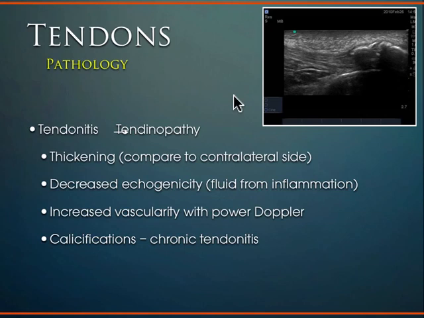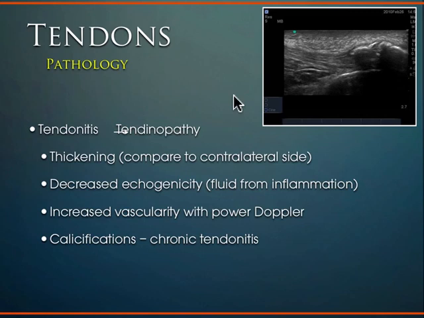What you're going to see on the ultrasound is that fluid, that inflammation, that swelling around the tendon. As opposed to that, with tendinopathy or chronic tendon problems, it's going to be more thick tissue, with disruption in the actual tendon tissue and architecture. There's going to be thickness. There's going to be changes in the echogenicity in the tendon itself.